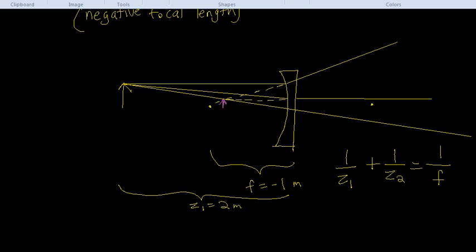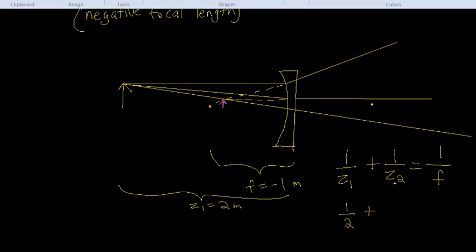Where is the image? Well, if we remember the imaging condition from the curved mirror example, it's this. Z1 is the distance of the object to the left of the lens. So this is 2 meters, so Z1 is 2, so we write this as 1/2.